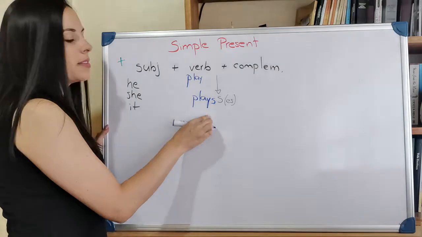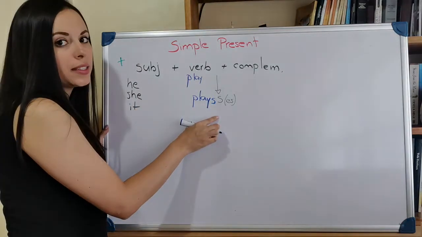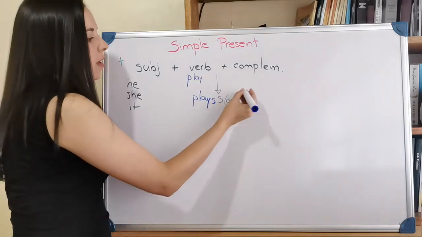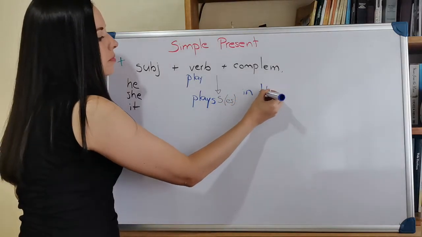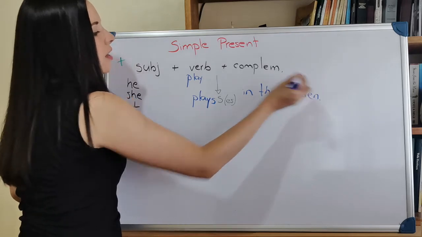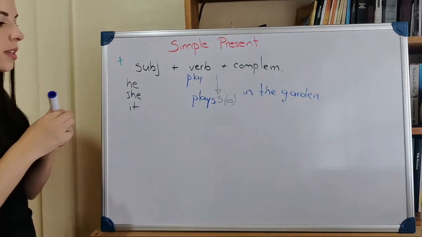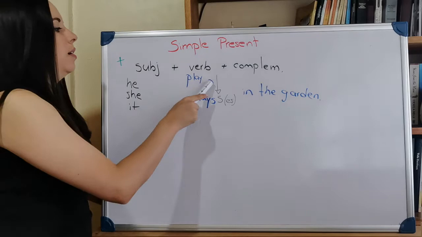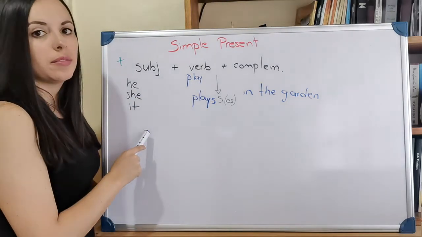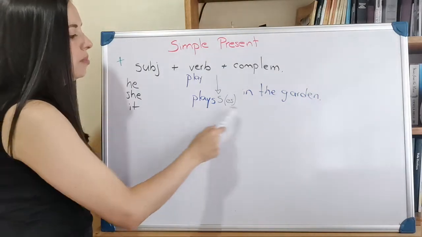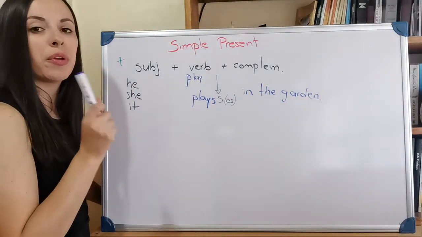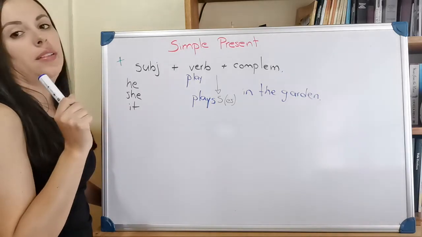He plays, she plays, or the dog, it plays, I don't know. And the complement, in the garden, right? Simple present for he, she, and it. We have the subject, the verb, and that verb requires an S.